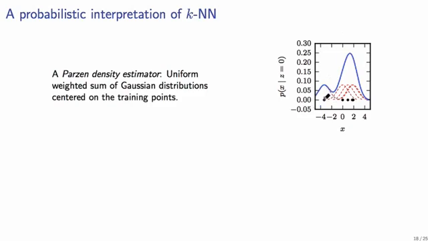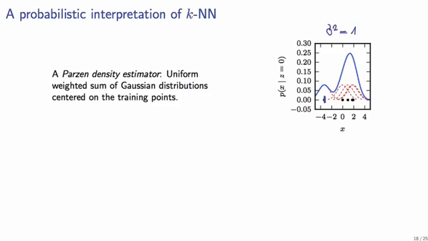They use the data point as the mean, and here we use variance 1. But sigma squared is actually a hyperparameter of this method. You can see that a point x is much more likely if it's somewhere in between or around these data points right here.